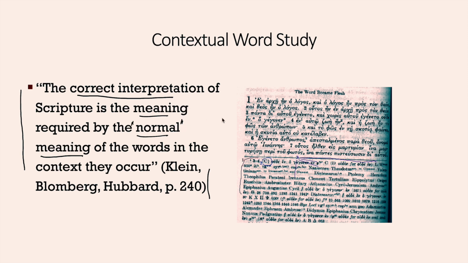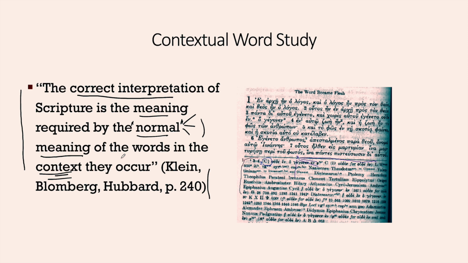meaning. The normal meaning is, again, certain words I would say have kind of a range of meaning, different pathways they can take, and the way to determine your possible meaning within the passage is in the context. So there are possibilities of meaning, but it is limited by the context in which that word occurs.